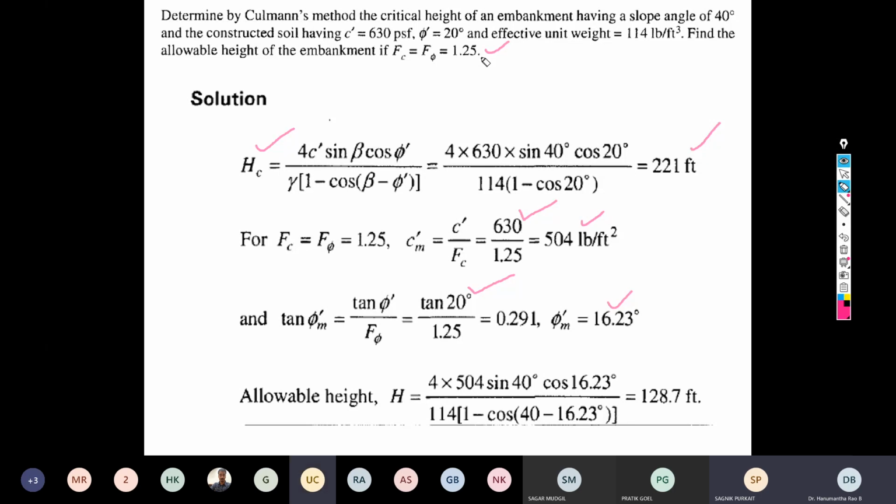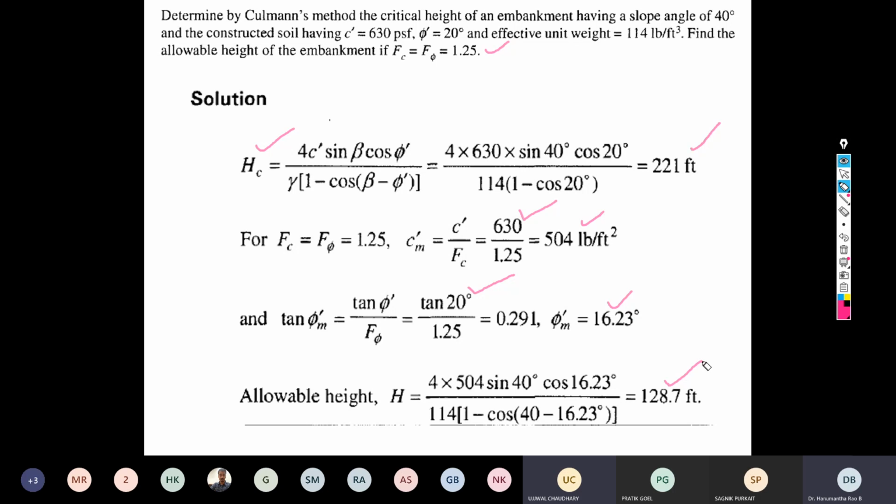Excuse me, sir. What's the difference between critical height and allowable height? Critical height means when the factor of safety is 1. And when the factor of safety is given as 1.25, corresponding to this factor of safety, what would be the height?